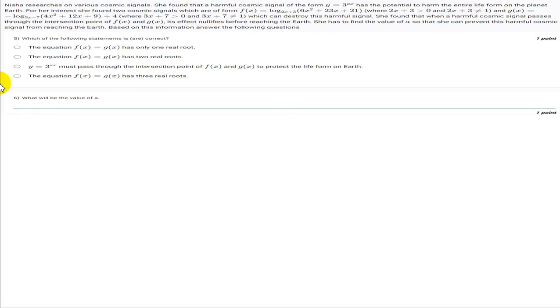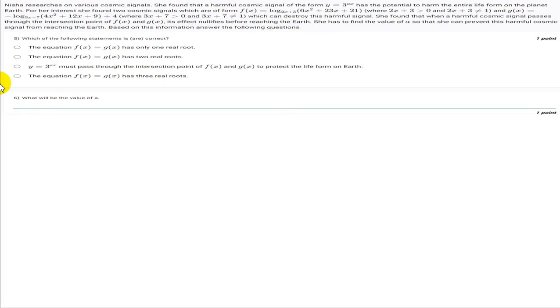For her interest, she found two cosmic signals of the form f(x) = log base (2x+3) of (6x^2 + 23x + 21), where these conditions are given for our ease, and g(x) is this particular function. Okay, this can destroy the harmful signal.